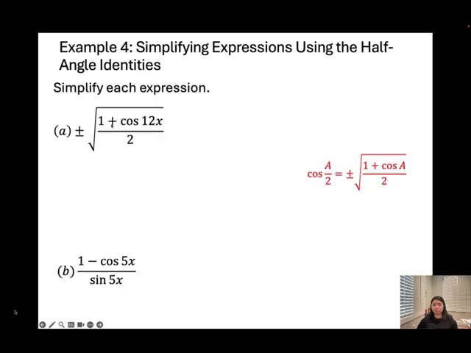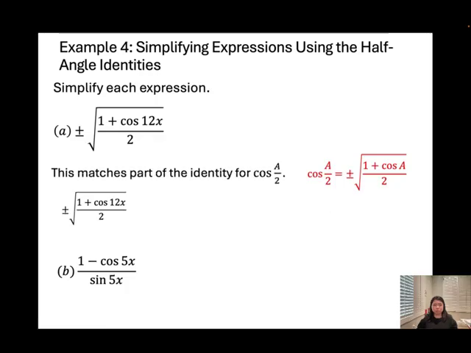If this is 1 minus, then that will be sine A over 2. So your A will be equal to 12x. So this will be equal to cosine 12x over 2. Simplify it, so that's equal to cosine 6x.